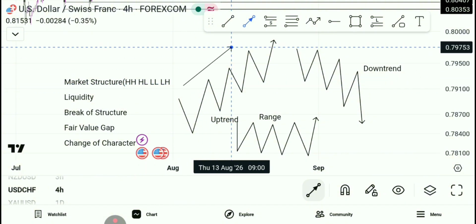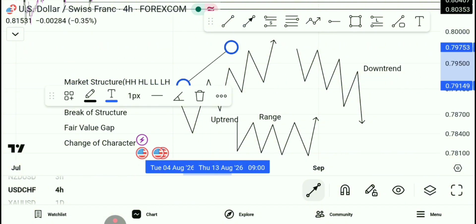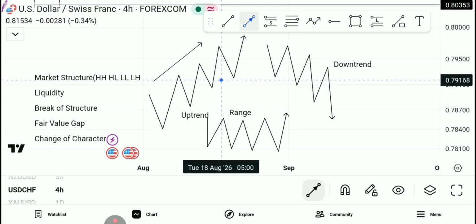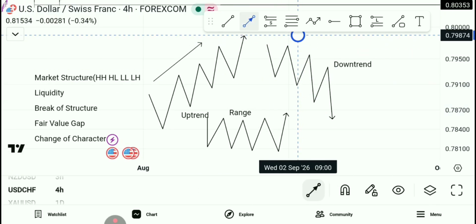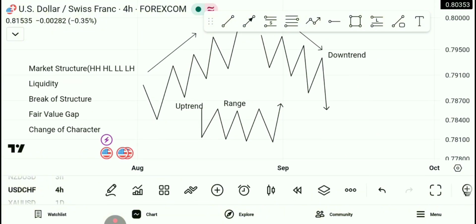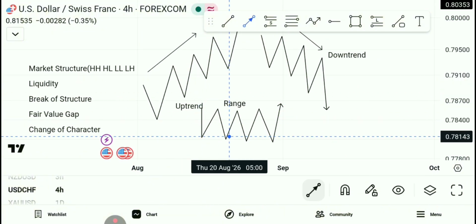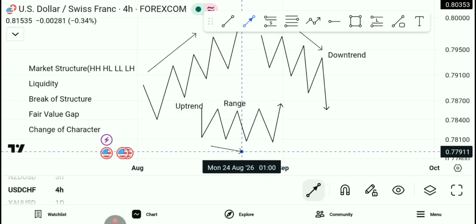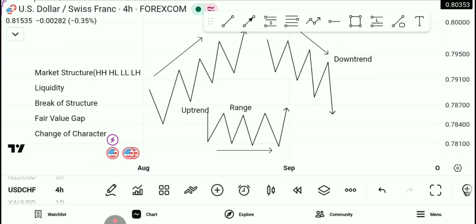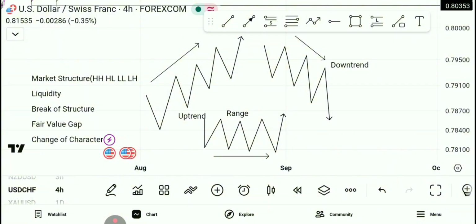The second one is a downtrend market structure. Then the third one is a range, where the market is in a range here. So these are the three types of market structure.